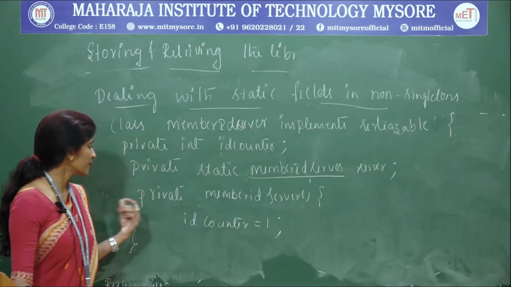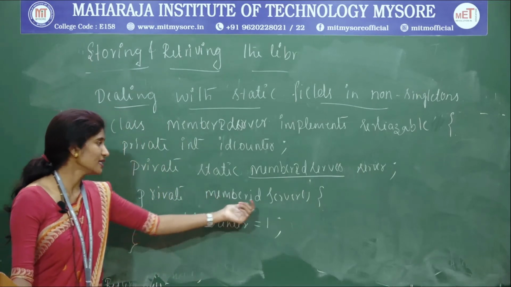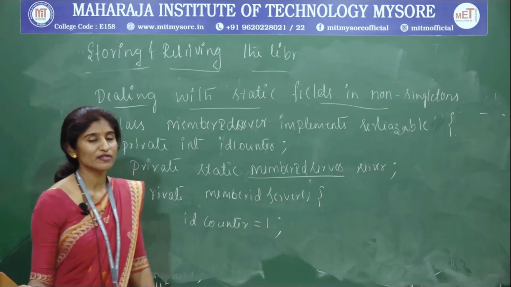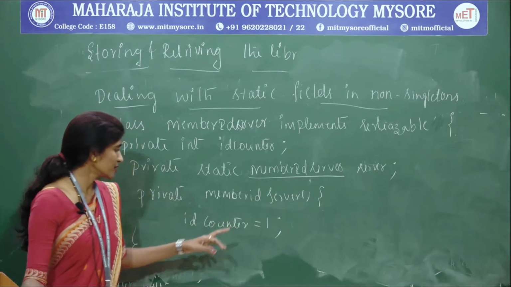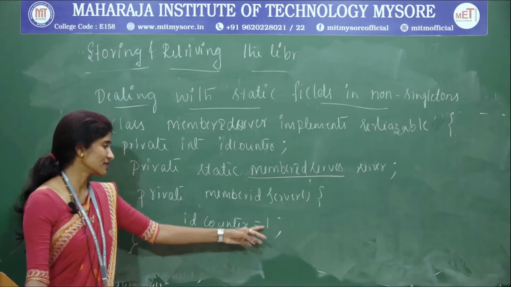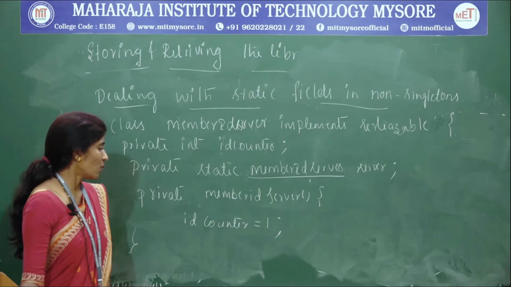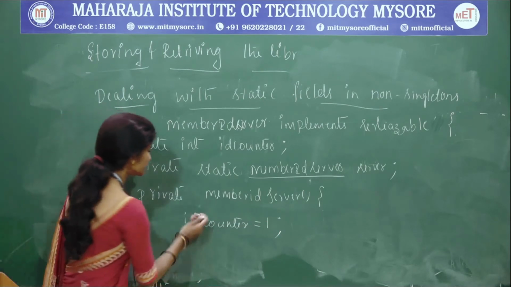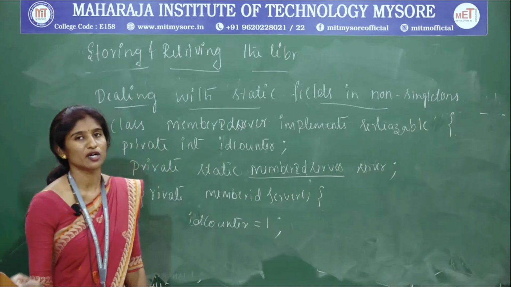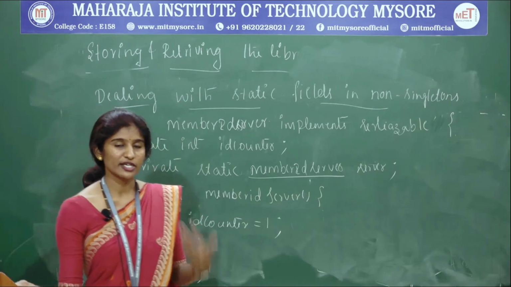Now we have the MemberIDServer, a private method here, and it is going to use the idCounter, a variable that has been initialized to 1. It is going to update the idCounter each and every time.